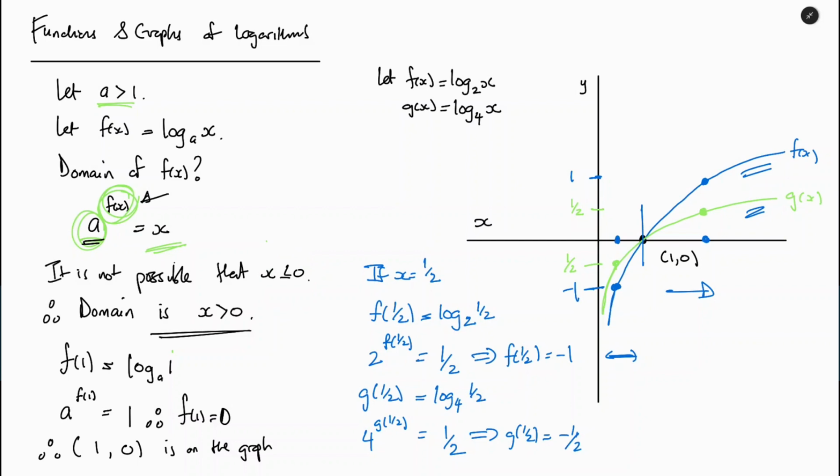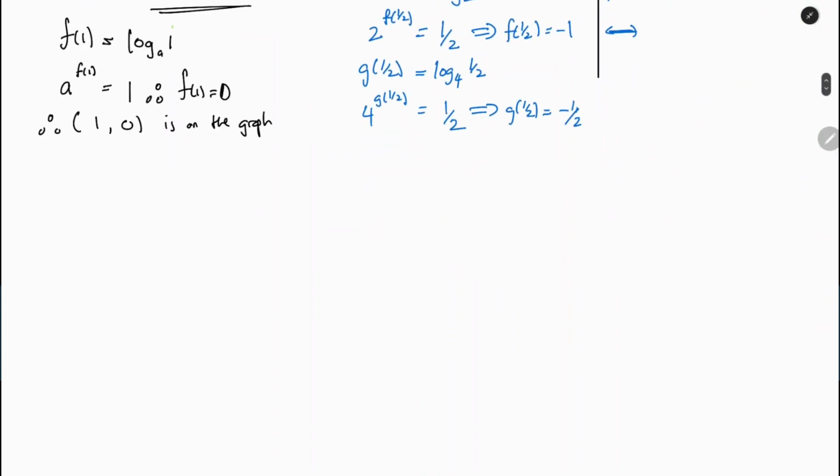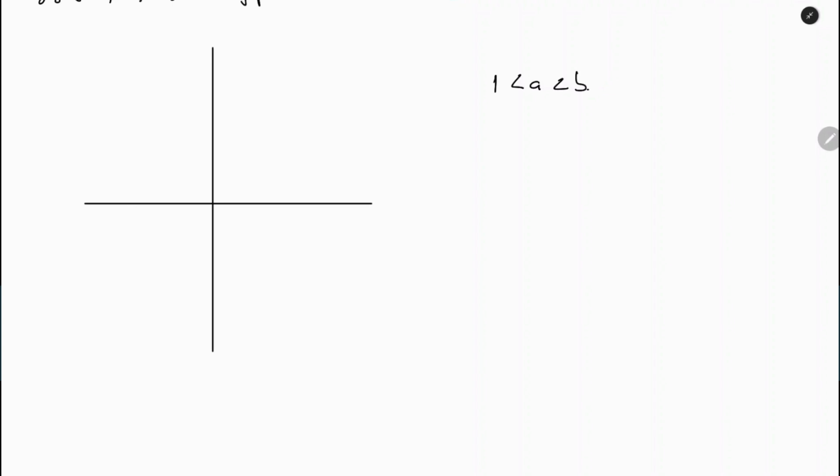Now, I used these two examples of a equal to 2 and a equal to 4, but in general, we can say the following. If we have 1 less than a less than b, and we let f of x equal log base a of x and g of x equal log base b of x, then we're going to have a situation like this.